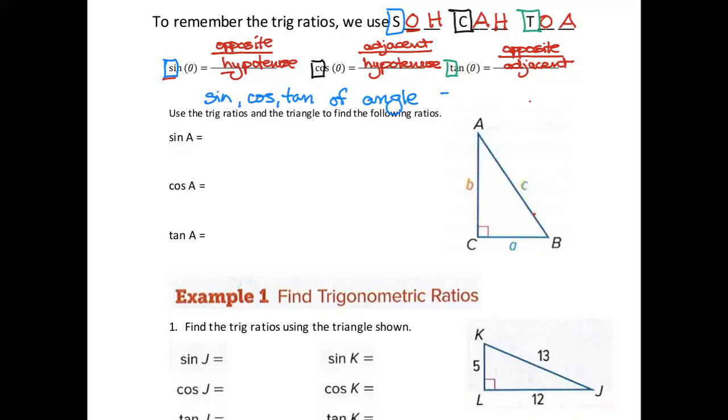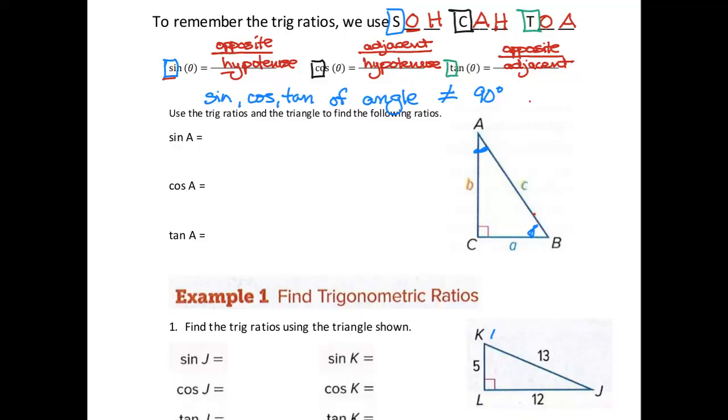Okay, but it is never going to be the 90-degree angle. It's either, in this case, going to be angle A or angle B. It is never your right angle.